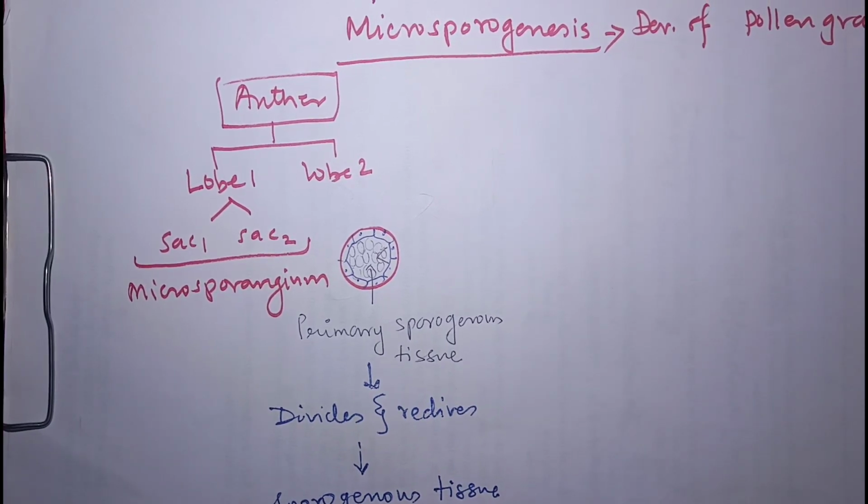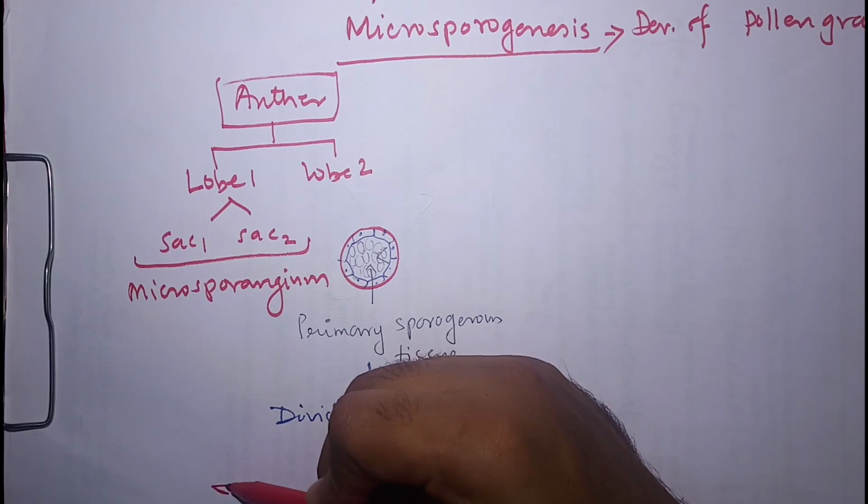Here I want to mention one point: sporogenous tissues are formed, and this division is actually mitotic division. I'll write here mitotic.